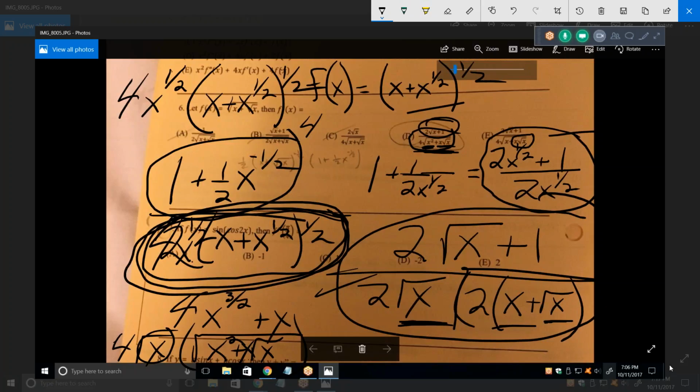The answer is definitely D. In other words, I was able to eventually solve it once I realized that it was 4 square root of x times the square root of all this other stuff. If you have the square root of something times the square root of the other, you can multiply the insides and take the square root of all of it. And that's what the denominator does on 4, multiplies the insides to end up with the square root of x squared plus x times the square root of x.